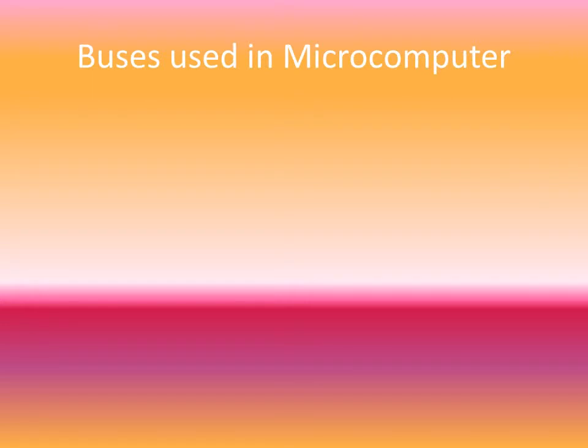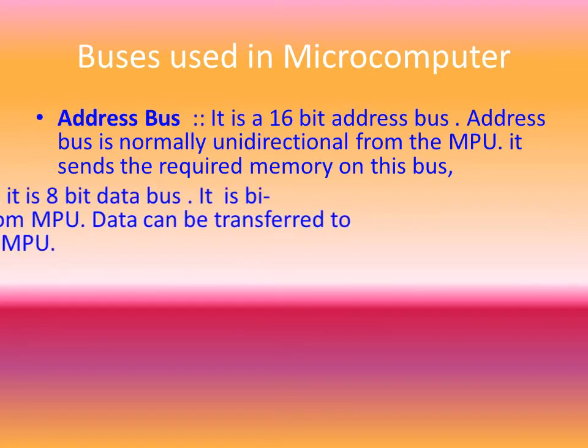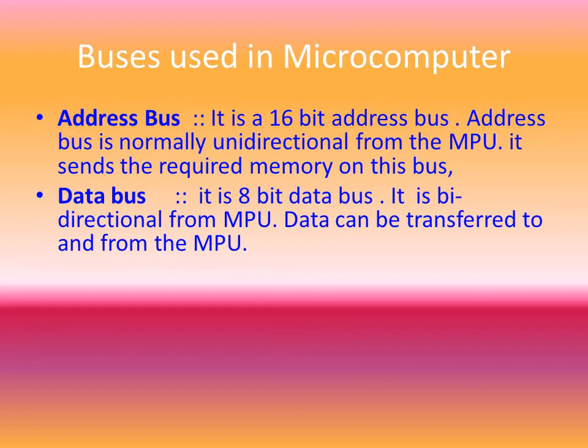Next part is buses. Inside a microcomputer, there are three types of buses. First bus is your address bus, which is used to send addresses from the MPU. Generally, this bus is 16-bit, so you can transmit a 16-bit address on this bus. Now, second is your data bus.